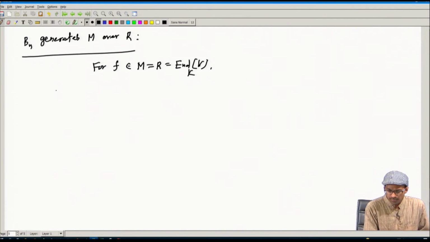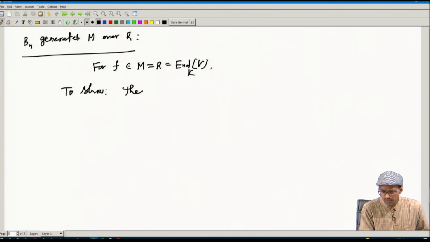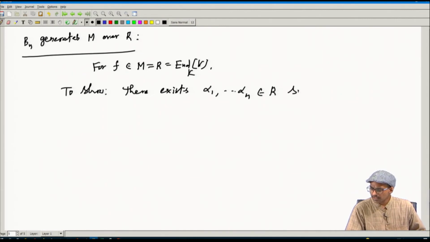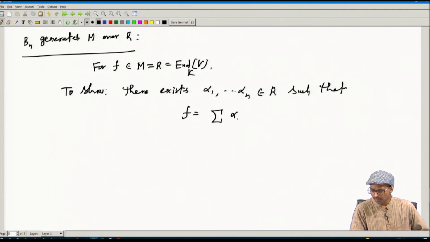So, for any f, what we need to show? For any f, we need to show there exist some alpha 1, alpha 2 and so on, comma alpha n, belonging to R, such that our f can be written as the summation of alpha i composition Fi, i from 1 to n.